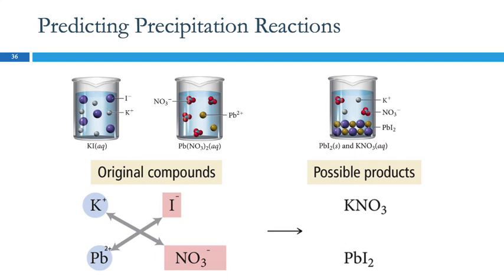So we're going to learn how to predict whether a precipitation will occur, and if so, what those compounds are. What we're doing here is we're looking at the ions in the original compounds. One of them had potassium and iodide, the other had lead and nitrate. This is one of my favorite analogies.